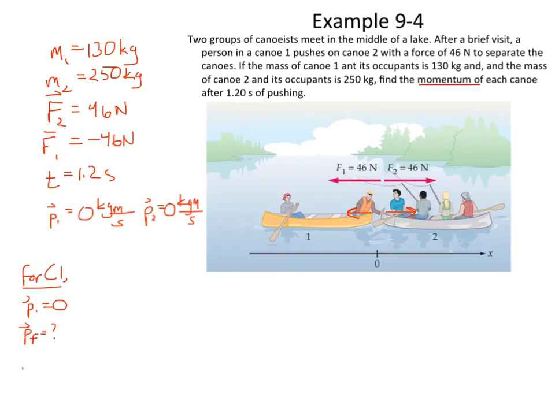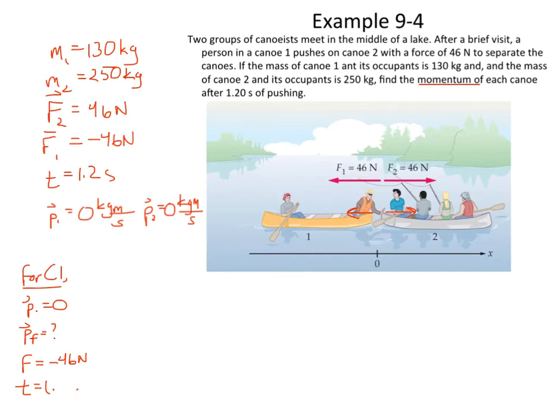The force that canoe 1 feels, I should say, is negative 46 newtons, and it is applied over 1.2 seconds. Oh, I didn't label that, did I? t equals 1.2 seconds worth of pushing. Okay, 1.20 seconds, I should say. Fix that.